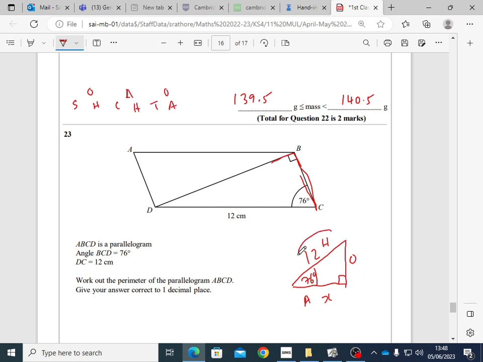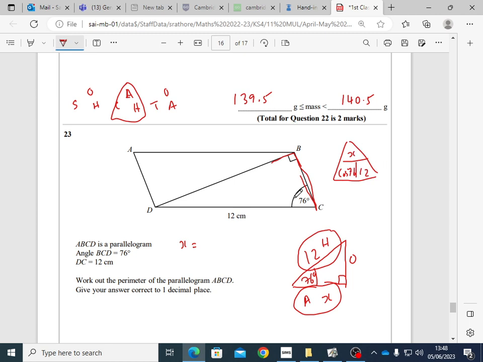So I want H and I want A. So that's straight away this triangle. So if I go in here and I put A is X, which we need to find. Cos is 76 and H is 12. So X equals, they're going to be times.